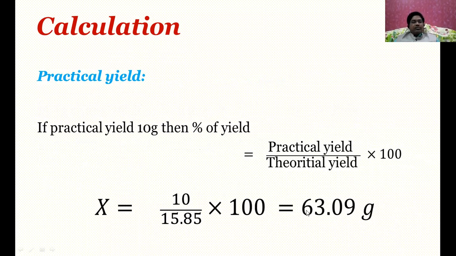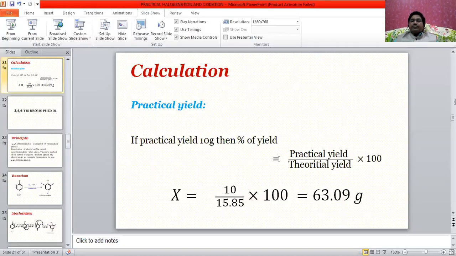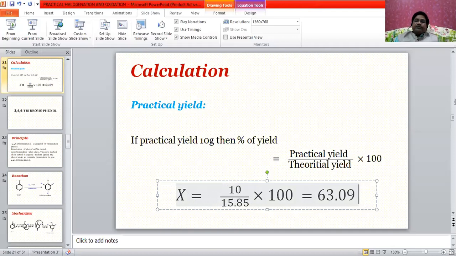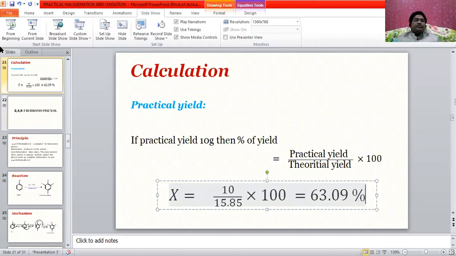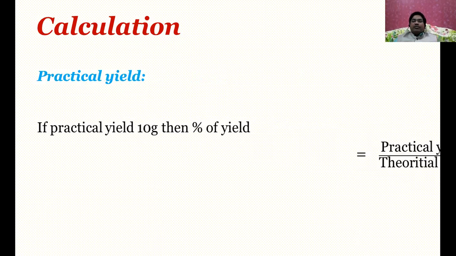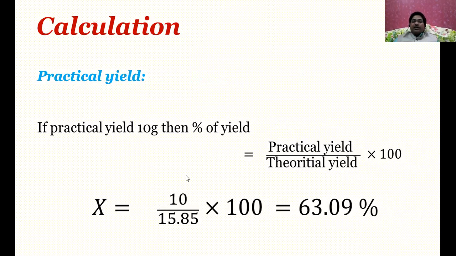This is not grams, this is going to be the percentage. That is, 63.09 is the percentage yield that we discussed just now.